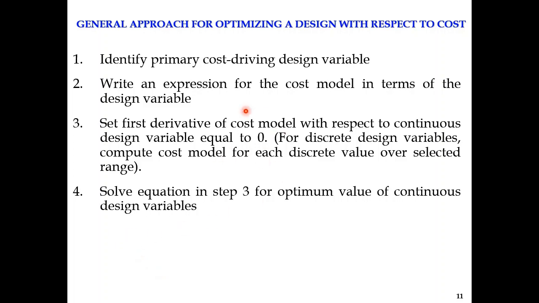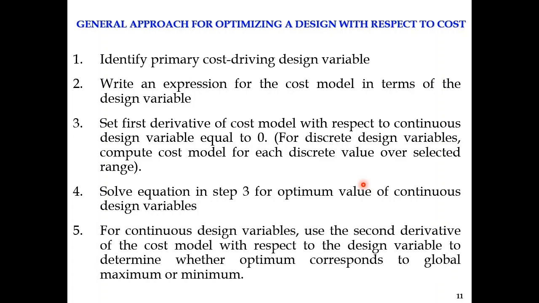So when you take the derivative and make it equal to 0, solve it to find the extreme point corresponding to this design variable. But of course, we need to identify if this value minimizes or maximizes the function.